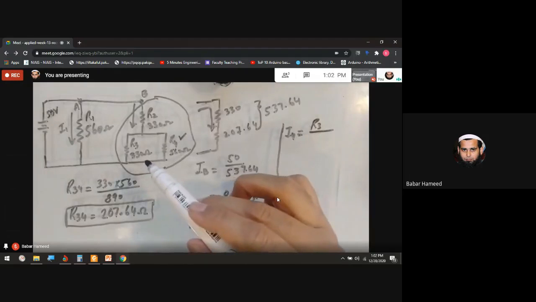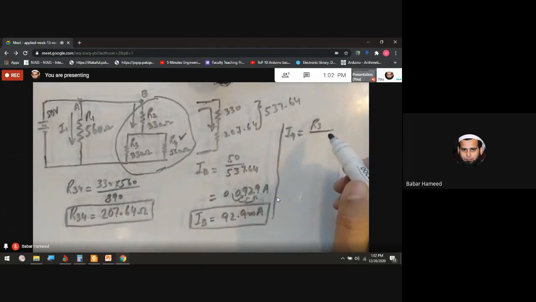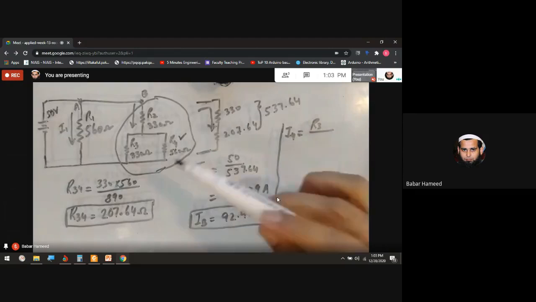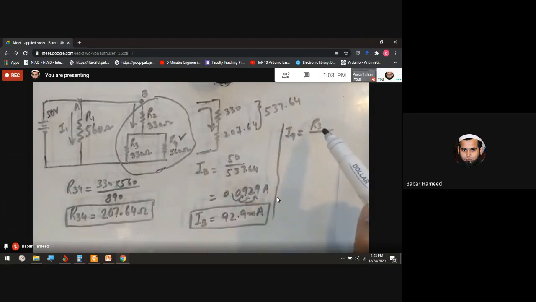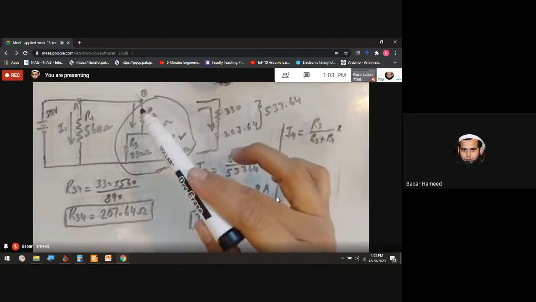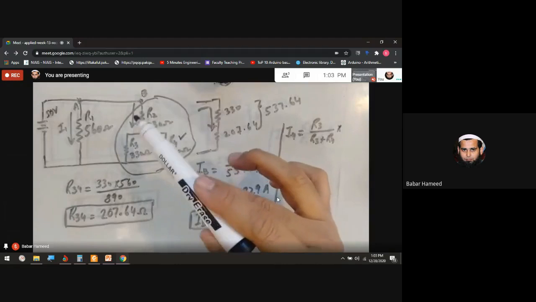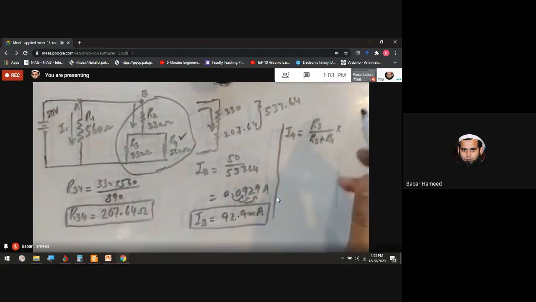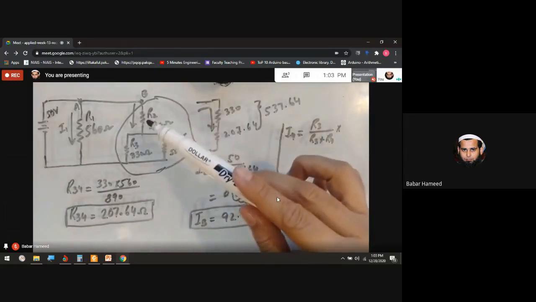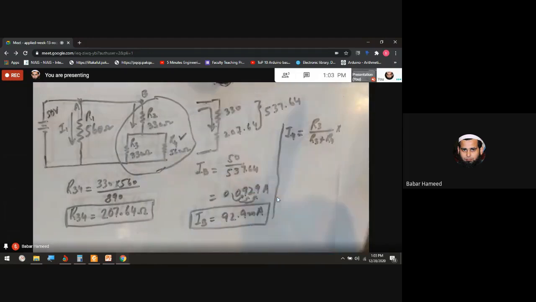As we studied in chapter number 6, the current divider formula for two parallel resistances: for the current of the branch to be found, leave that resistance and write the other resistance in the numerator, and in the denominator write their sum, and multiply by the total current entering that parallel combination. Keep these words, total current entering this parallel combination.